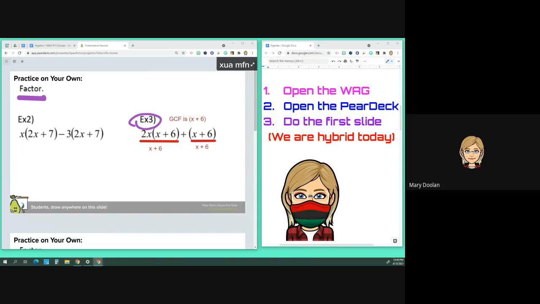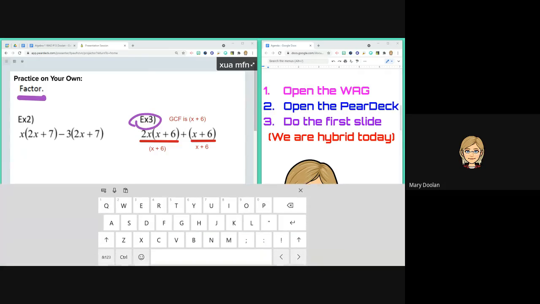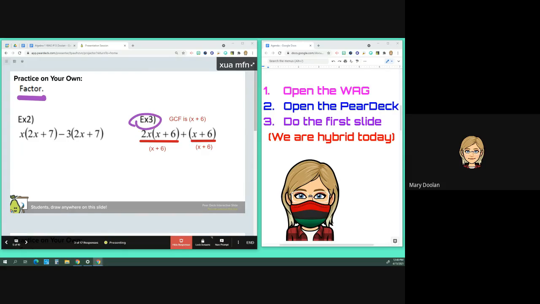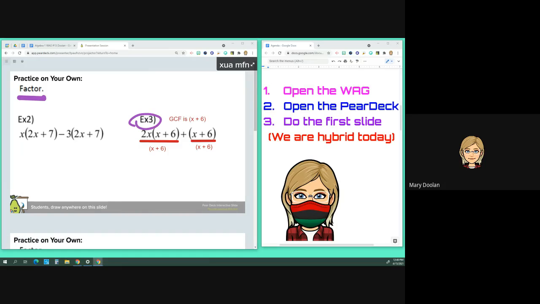They're not really necessary, but it does help you recognize that they are common factors that we can divide out. So the factor of x plus 6 and the factor of x plus 6 are common, so they divide out. You can use the line tool and cross out those pairs.